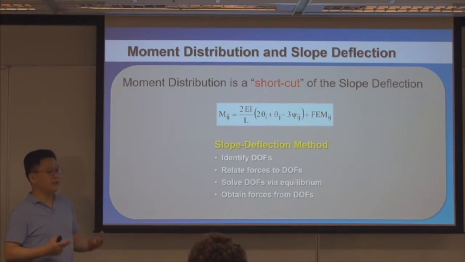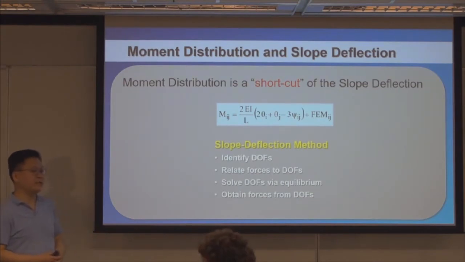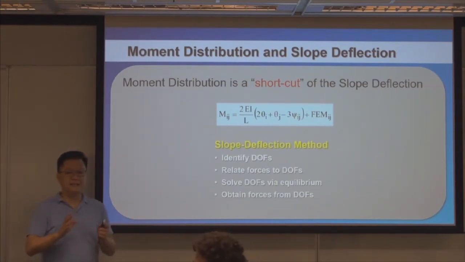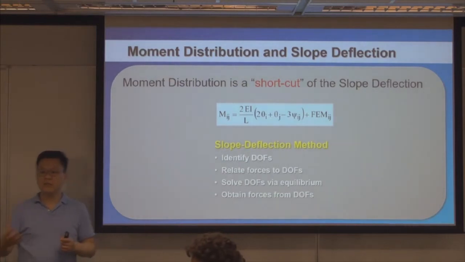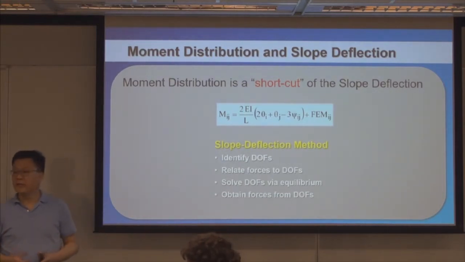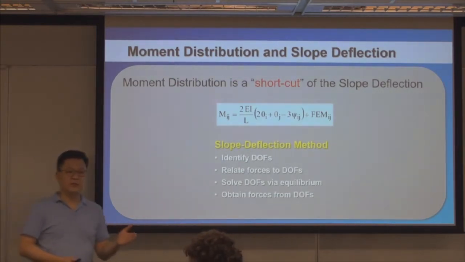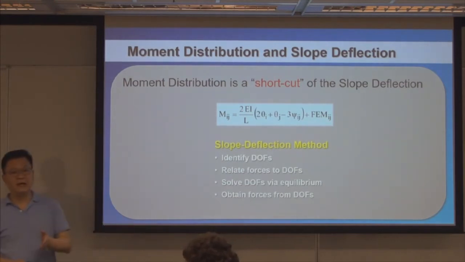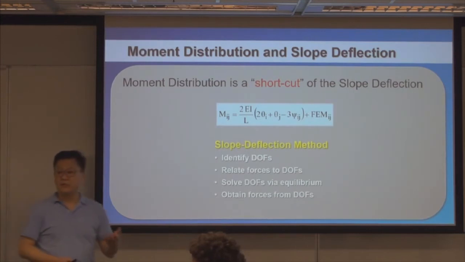The advantage of this slope deflection approach is that it's not directly tied to the degree of indeterminacy. As we say, indeterminate structures tend to have a very high degree of indeterminacy, so if you tie directly to it, you end up with something you cannot solve.